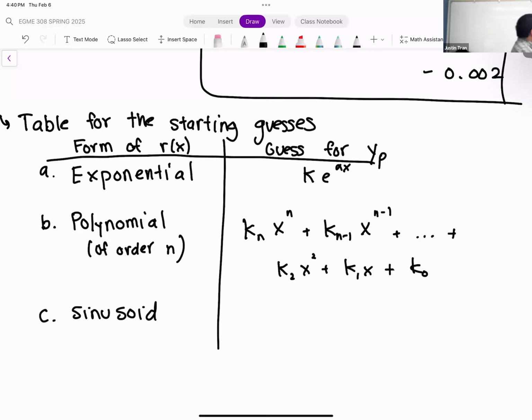All right, next we have sinusoids. A sinusoid is either a sine or a cosine, or sometimes both. If your non-homogeneous term contains either a sine or a cosine, your guess for YP has to include both sine and cosine.